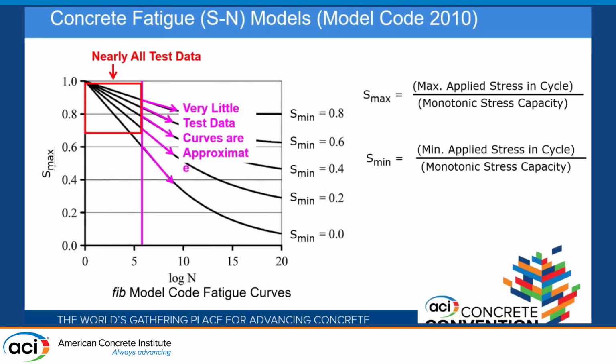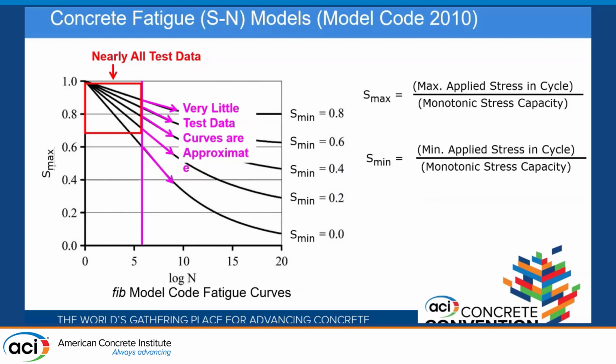So for fatigue, to estimate the design life, we have S-N models, which represent the number of cycles to failure on the horizontal axis, on a logarithmic base, and the stress ratio on the vertical axis. Here we have the Model Code, the fib code, and others. S-max is the ratio of the maximum applied stress in the cycle divided by the monotonic strength. For each S-mean level, we have a different curve.